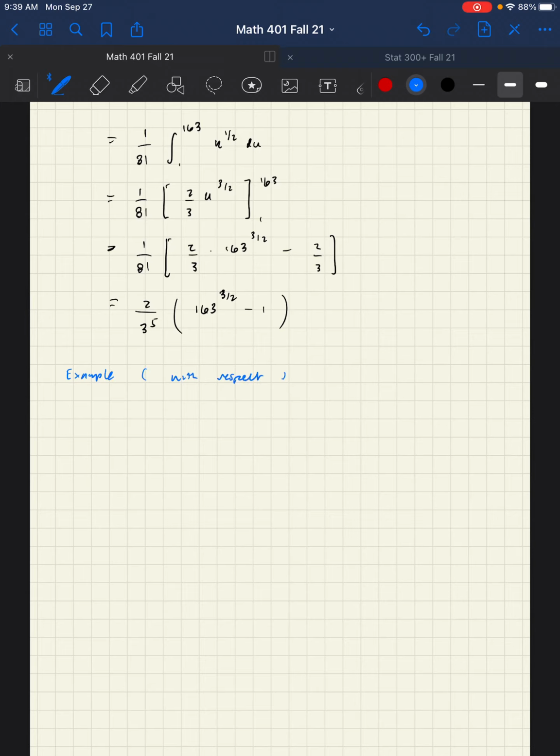All right, let's do another example. But what if we're integrating with respect to y?